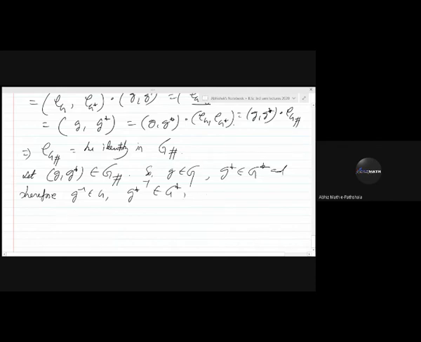And then for G star we have G star compose G inverse G star inverse. It is G inverse and it is G star inverse. So the first one is EG and the second one is EG star. So that is EG sharp.